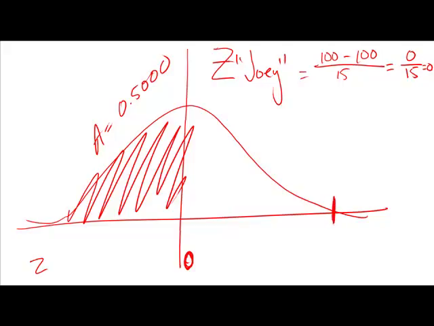So Einstein's way out here with his z-score of 4, which represents an IQ score of 160.